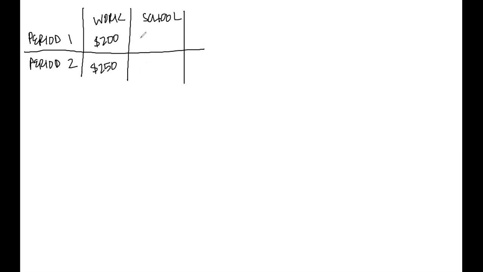If she goes to school, she'll lose $100 in the first period because that's her cost of schooling. And then in the second period, she'll make $575. And then they told us the discount rate was 10%. So this is going to translate to our R value equaling 0.10.